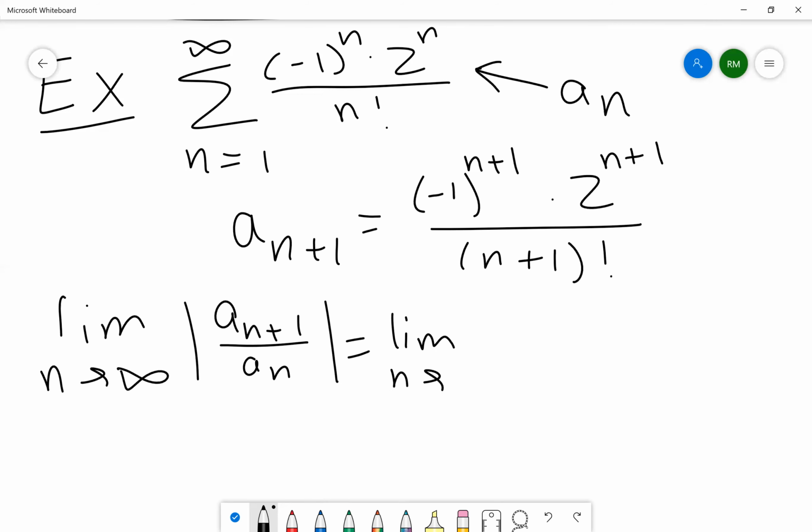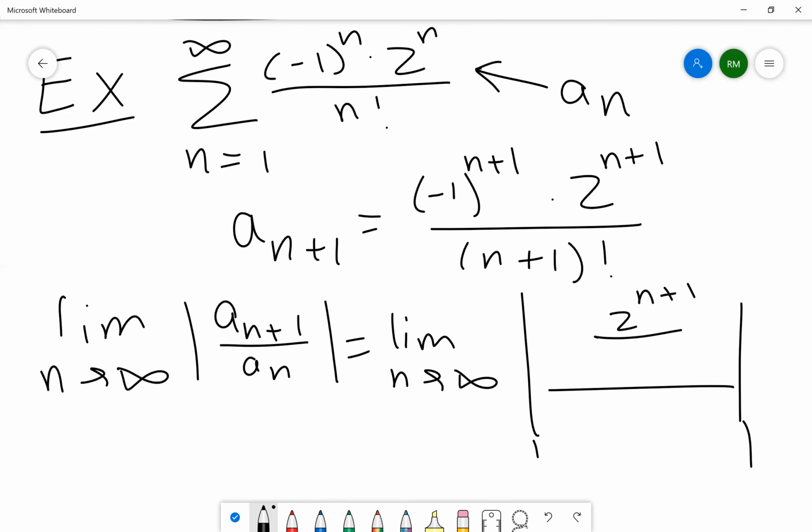And what we get is kind of a mess. Well, after we take absolute values, we get 2 to the n plus 1 in the numerator here over n plus 1 factorial. And down here we have 2 to the n over n factorial.